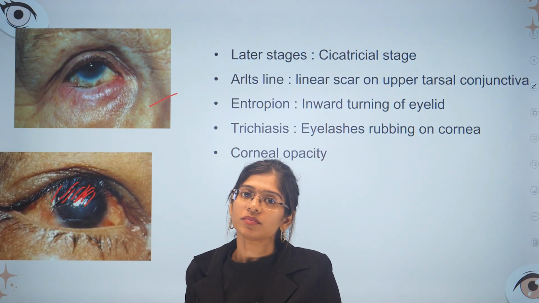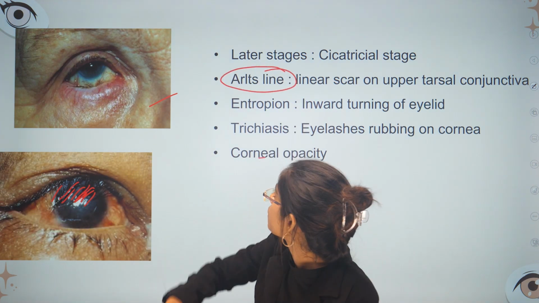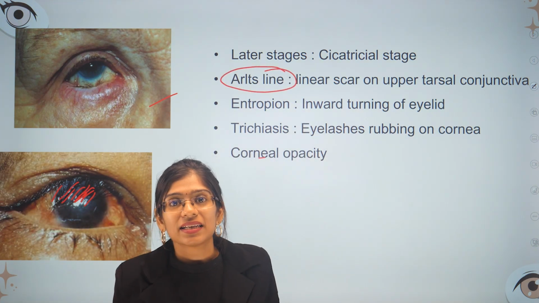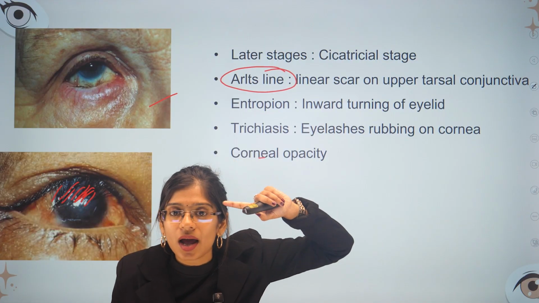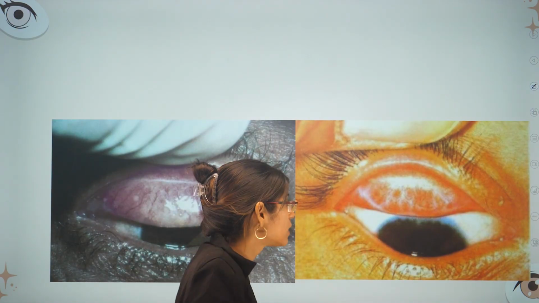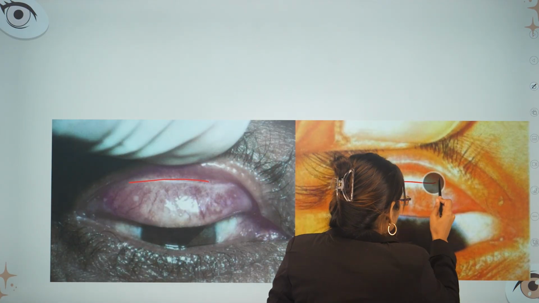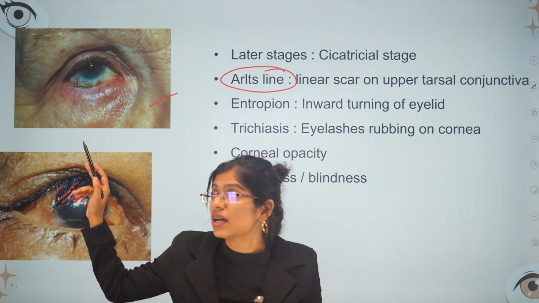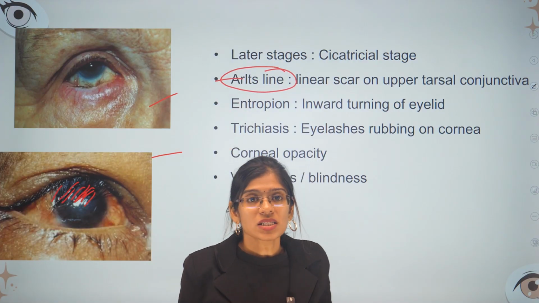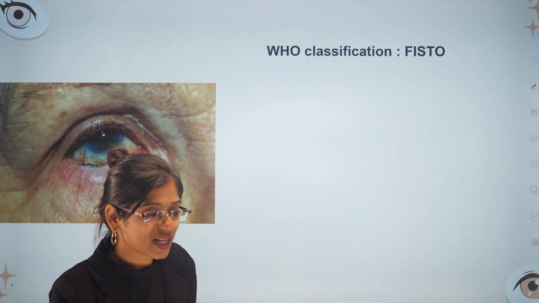Okay, and there is something called, this is important, Arlt's line. It is a linear scar on the upper palpebral conjunctiva. Look here, can you see this linear scar here? This is what we call Arlt's line.